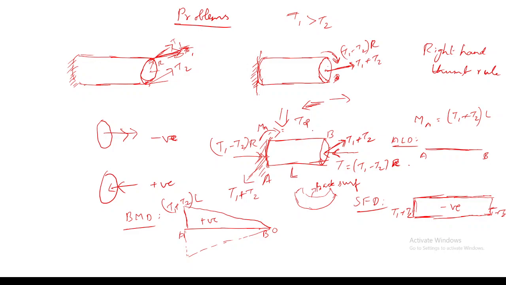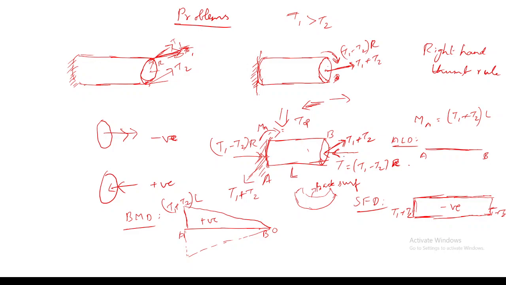See, for example, can you get the loading actually? How has this been loaded? In the horizontal plane, I am having a shear force diagram which is away from this screen, or into the screen. This T1 plus T2 is into the screen. Due to this, you will get a bending moment of MA, which is like a reaction due to this fixed support.